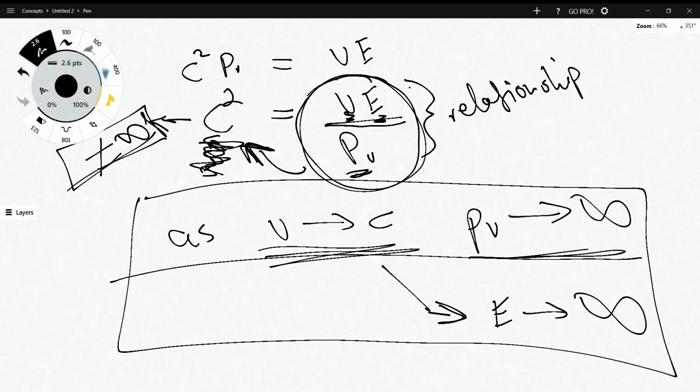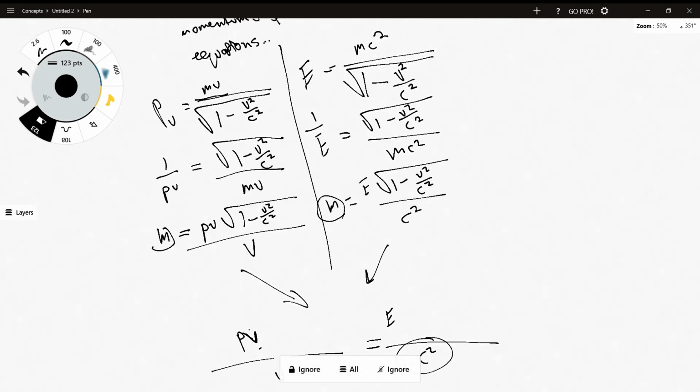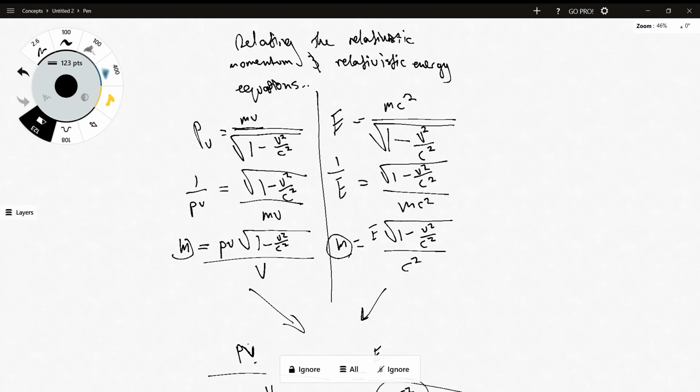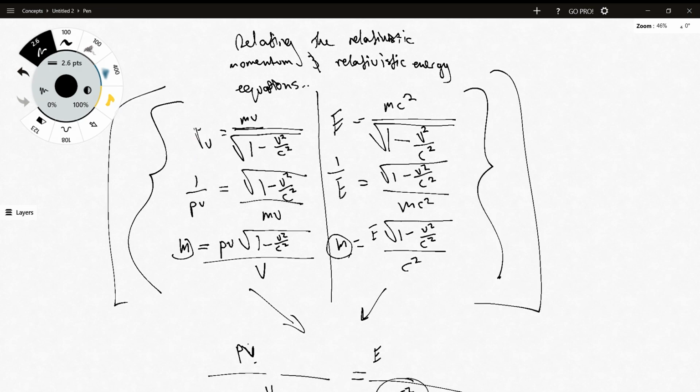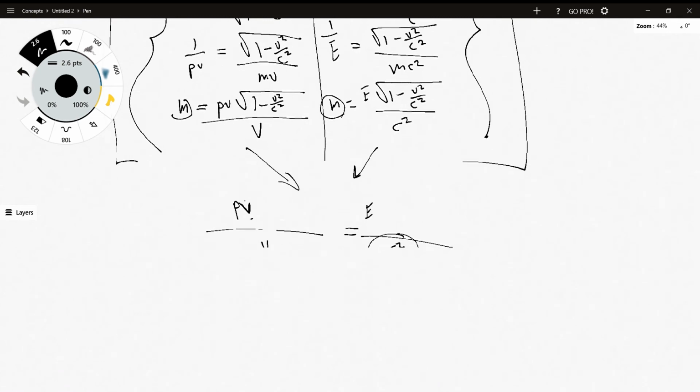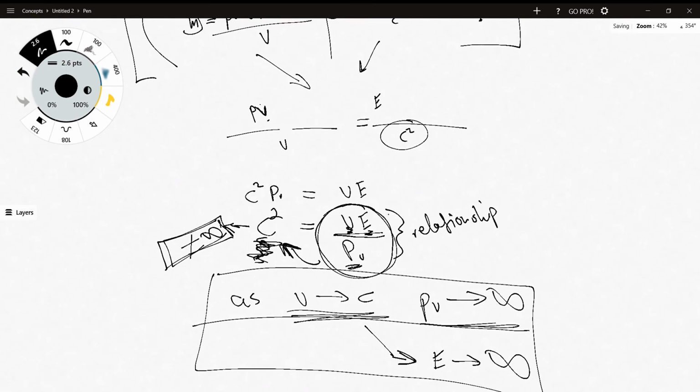That's an undefined value. Therefore, by making mass the subject of both of these equations, you can derive the fact that there's a relationship between velocity, energy, and relativistic momentum. And in this arrangement here, they equal c squared, which is a constant.